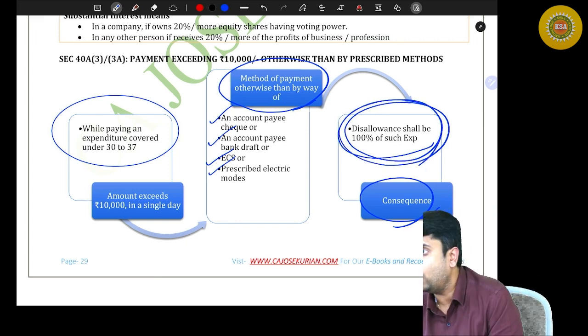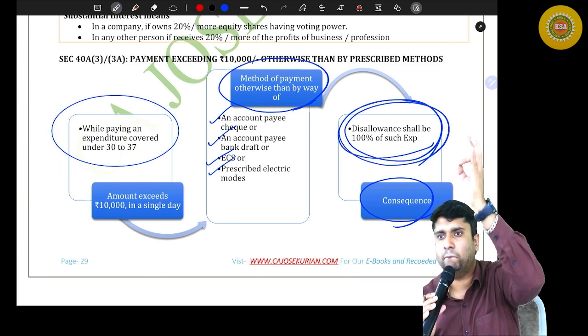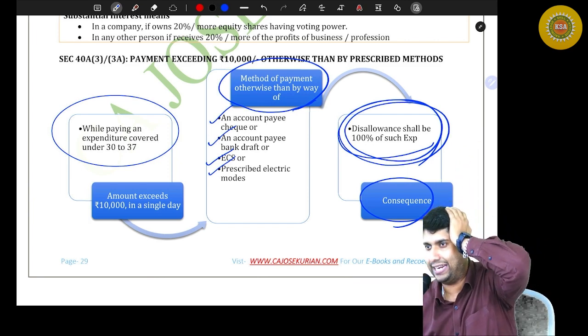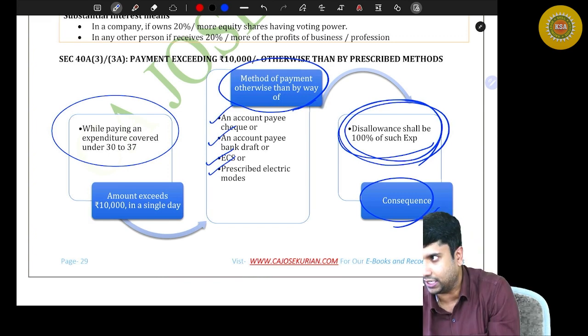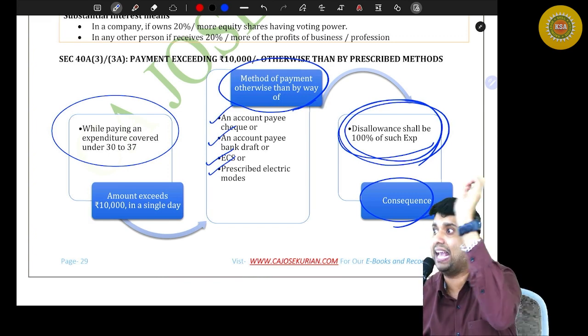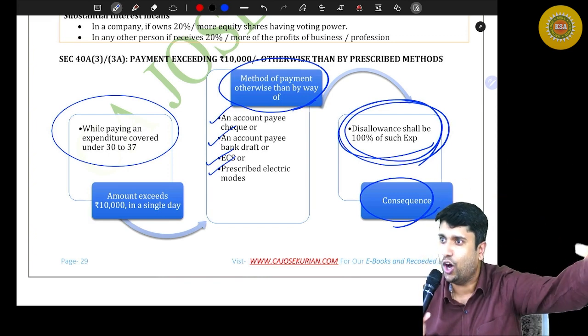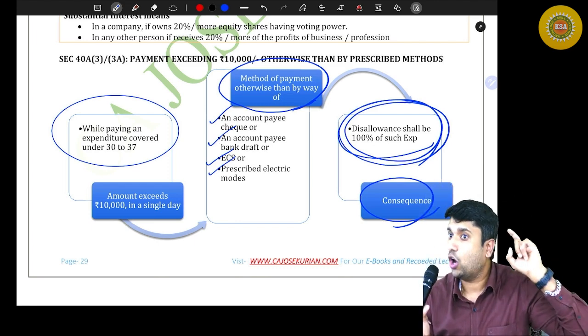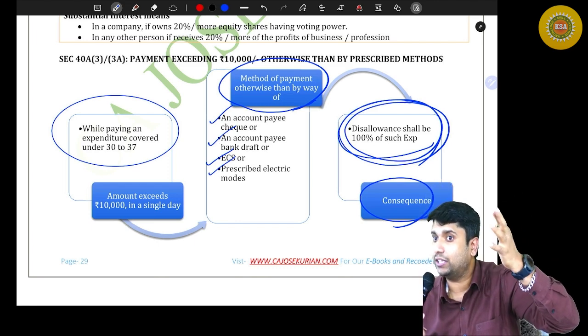Simple example: I have paid salary to one of my employees in a day and that amount is 30,000, and I paid that salary in cash or a bearer cheque or a simple crossed cheque. Fully disallowed. An account payee crossed cheque and simple crossing are actually different.